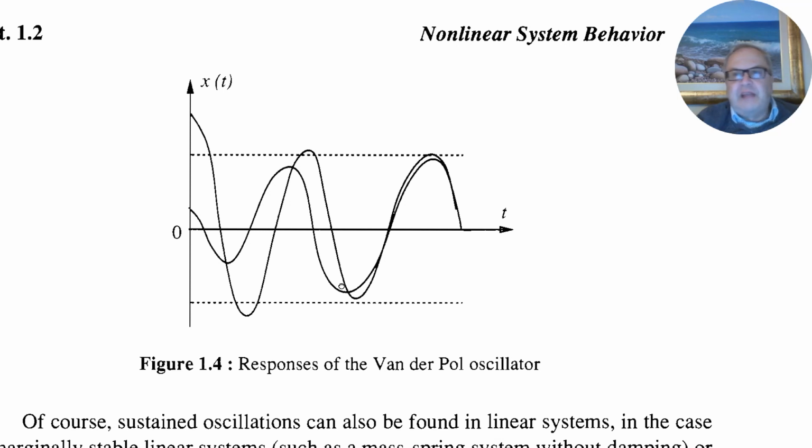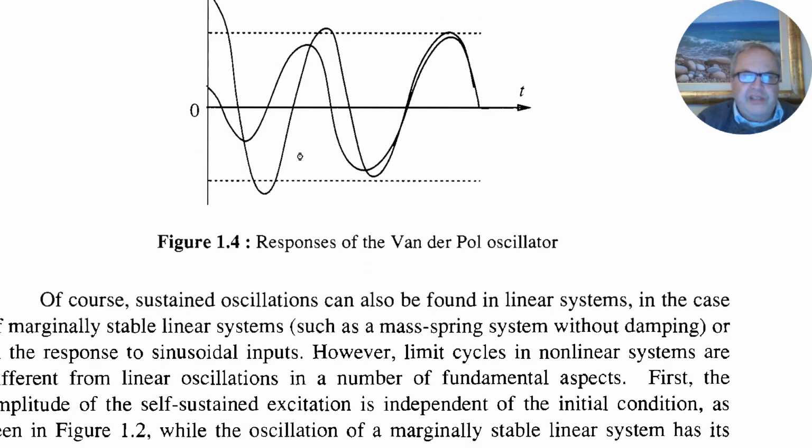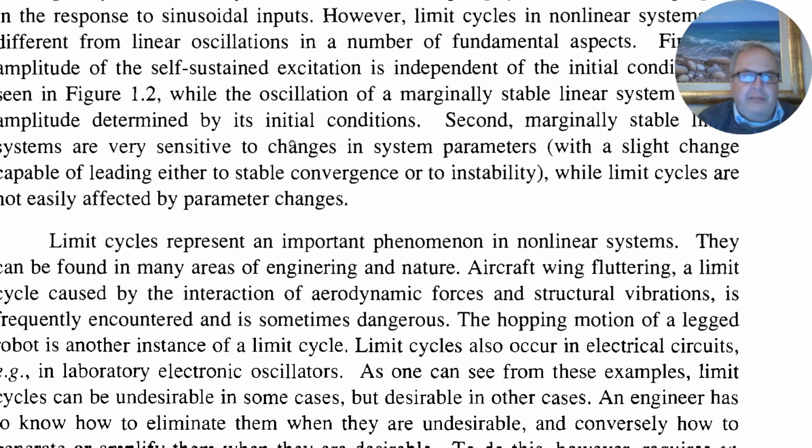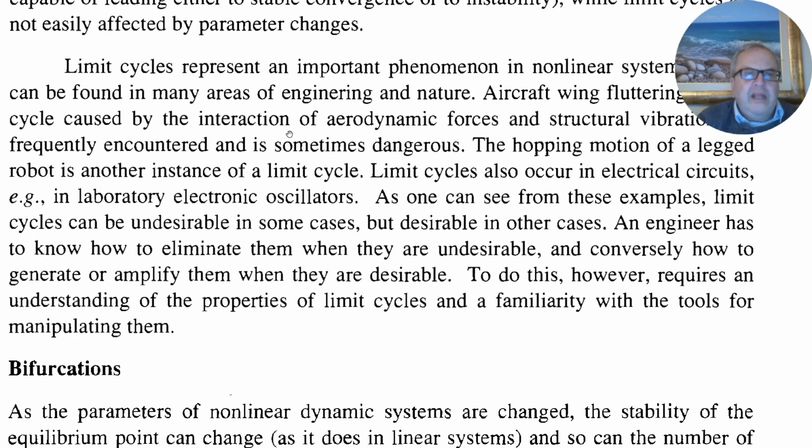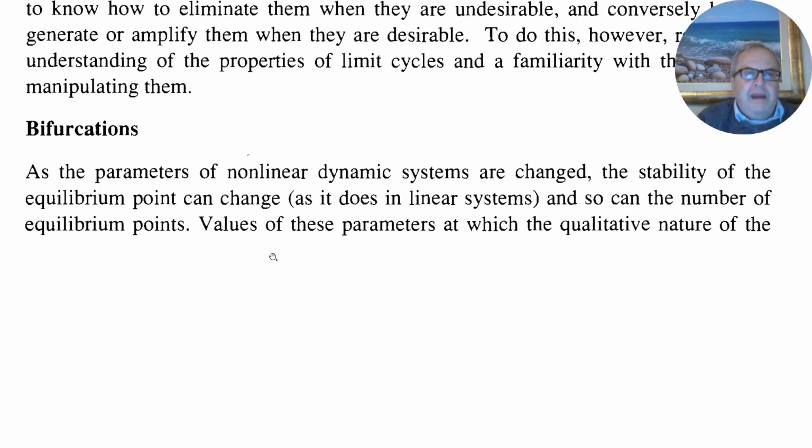A limit cycle means that a system is in a trap. Your system goes to a circle and then remains forever in this circle. Of course, sometimes your system can escape from this kind of trap. This is what we call limit cycles.